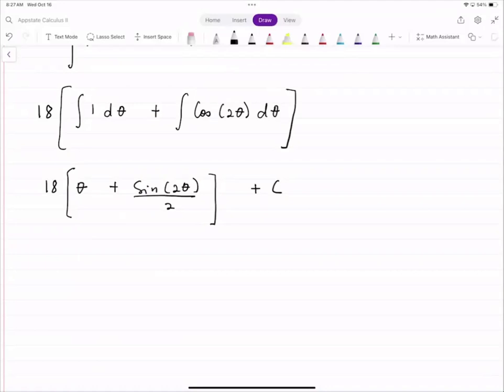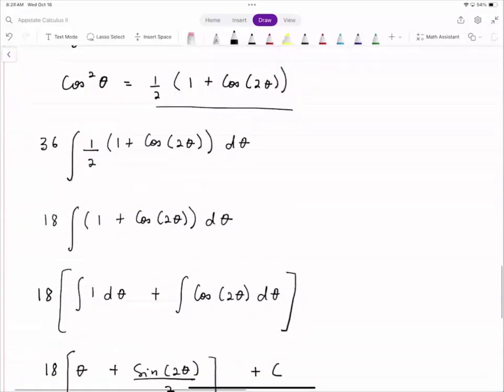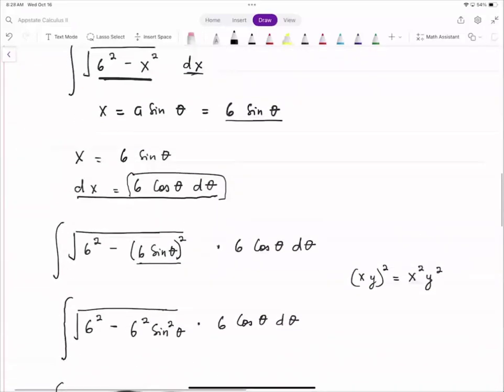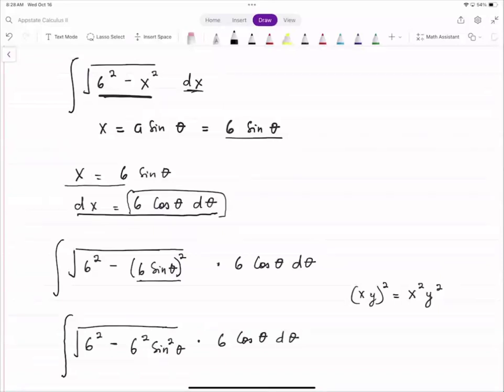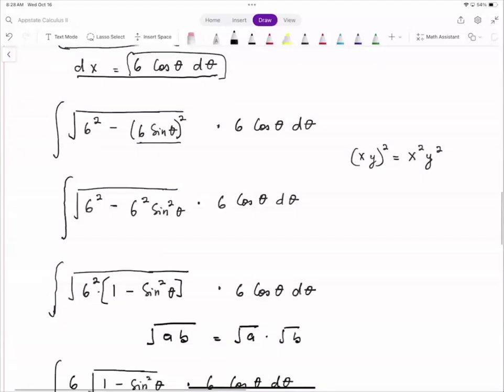That is what we need to do now. How do we do that? Remember, we said x to be 6 sine theta. You can see that from here.